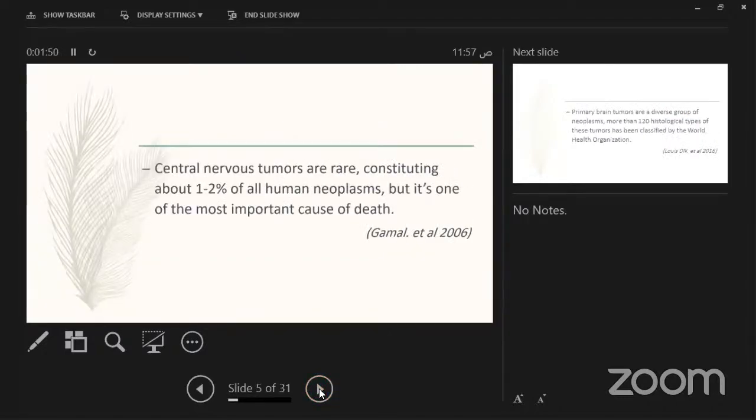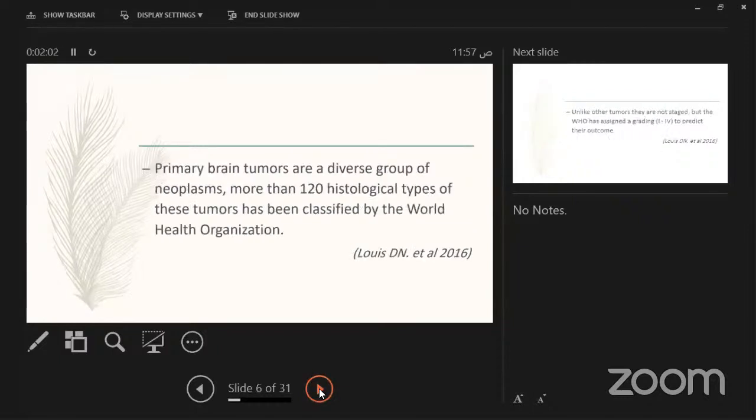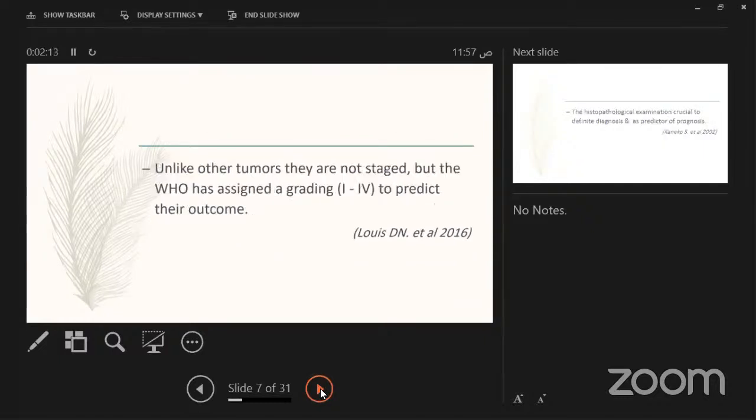Central nervous system tumors are rare, constituting 1 to 2% of human neoplasm, but they are one of the most important causes of death. The primary brain tumors are a diverse group of neoplasms. More than 120 histological types of these tumors have been classified according to WHO.